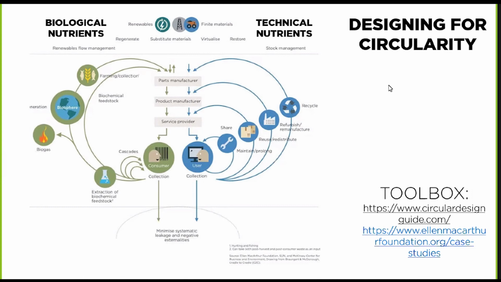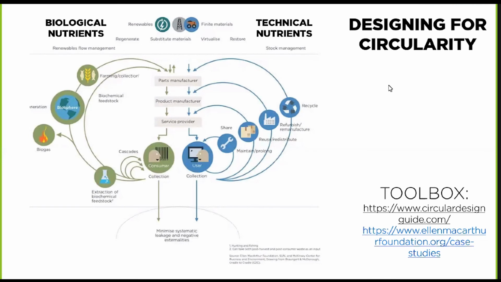So we see that on the left side, these are the biological components of a product or of a biological system, right? So you can have materials that are moving through this space from the production phase to the service provider to the consumer, who then recycles that material back into the biosphere through composting, through different types of methods.